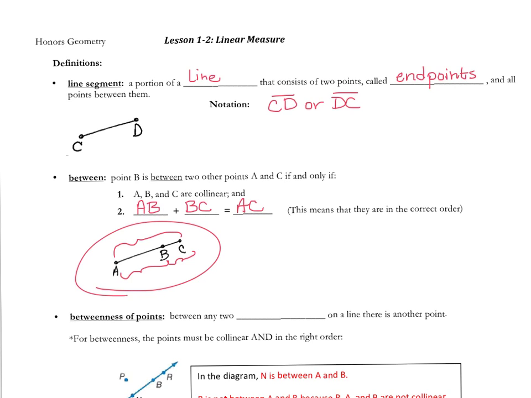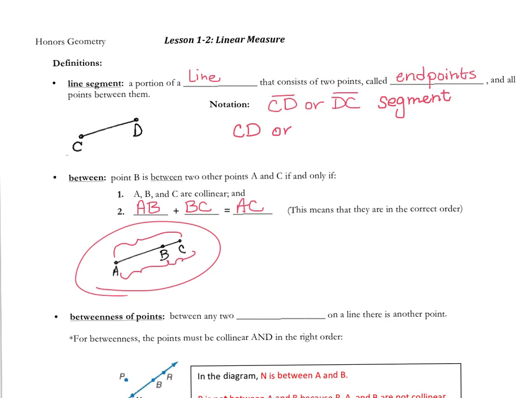Let me jump back up to this segment notation for a minute, just for clarification. These refer to the segments CD in the segment CD or DC. If you want to talk about the length of the segment, you use the letters of the endpoint, but you do not put the bar over top of it.